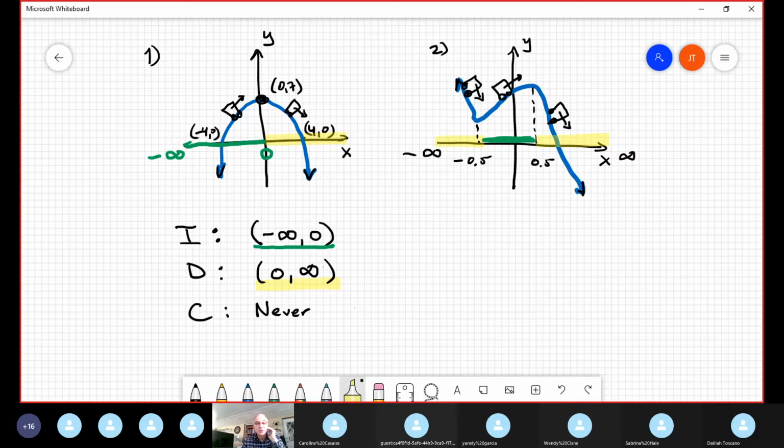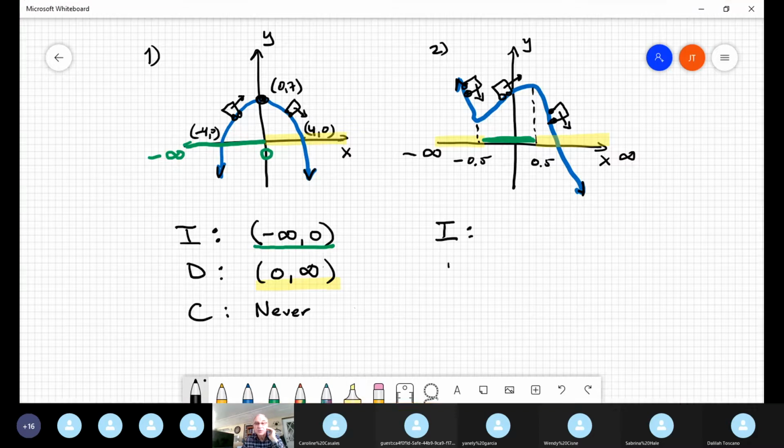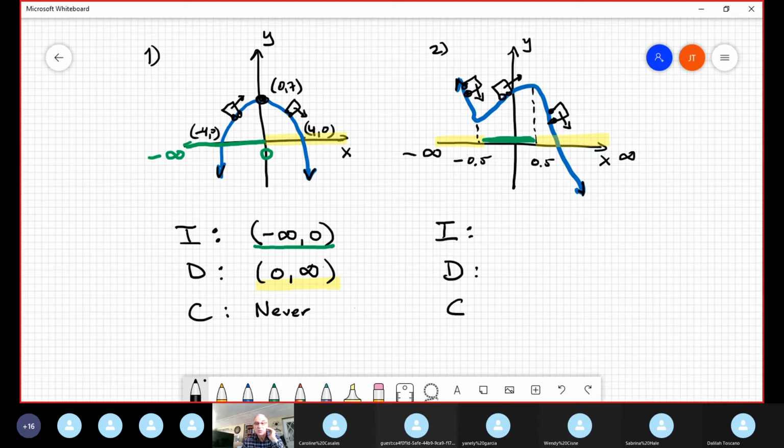So what is the conclusion? Increasing, decreasing, constant. Increasing is from negative 0.5, comma, positive 0.5. Of course, do not include the endpoints, because at the endpoints we change the behavior.